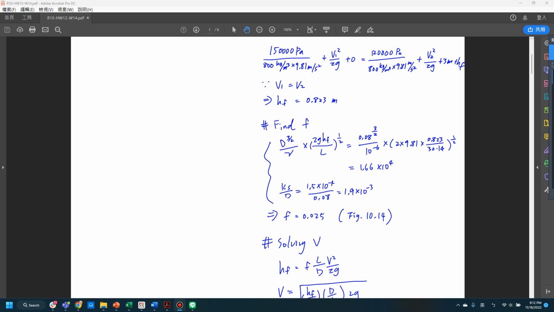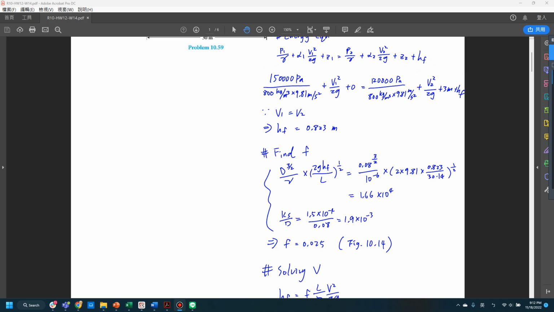Therefore, we simply plug the information into these two equations accordingly, and remember that the friction head loss hf here is equal to 0.823, the number that we just solved in the previous step. And we do the same thing for the relative roughness, ks divided by D.